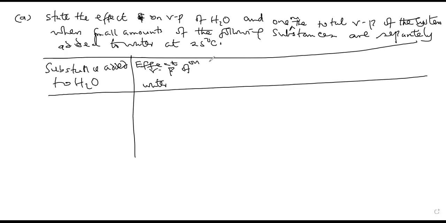Then another one shall be the total vapor pressure of the system. What happens when you add the following substances, which we are going to put here, on the vapor pressure of water and then the total vapor pressure of the system?